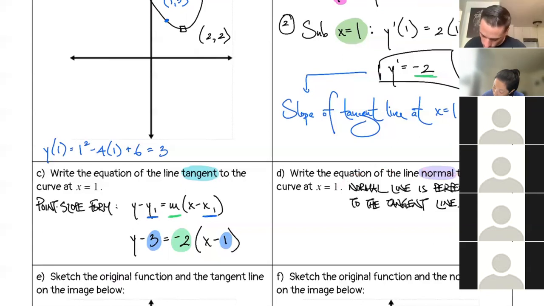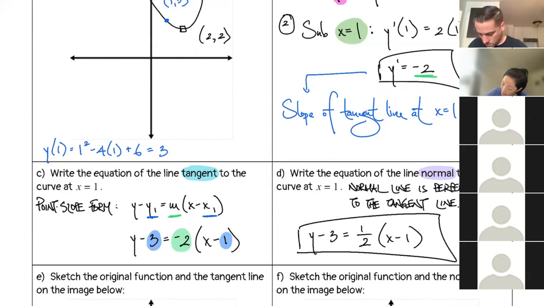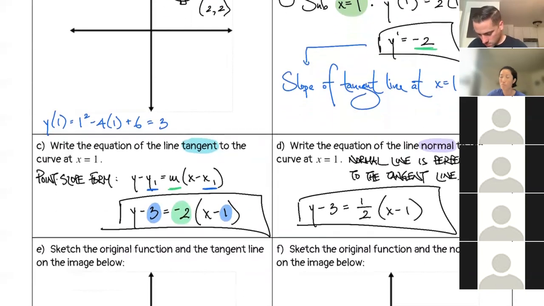And so all we need to do is y minus 3 equals, you all told me earlier correctly that the slope is not -1/2 or -2, but it's going to be a +1/2 x minus 1. And there we have our normal line equation and our tangent line equation. So the only thing that changes, the slope changed from -2 to a +1/2 because of that perpendicular nature.